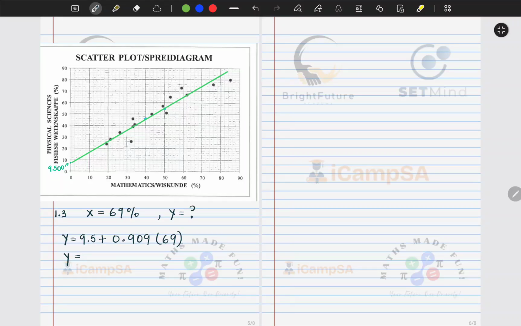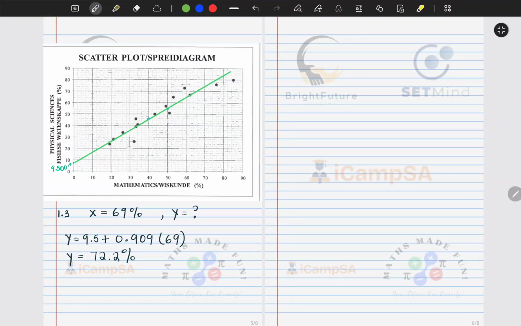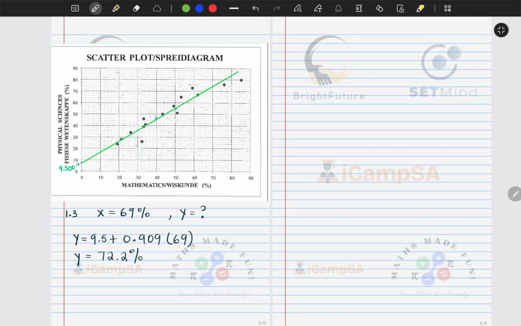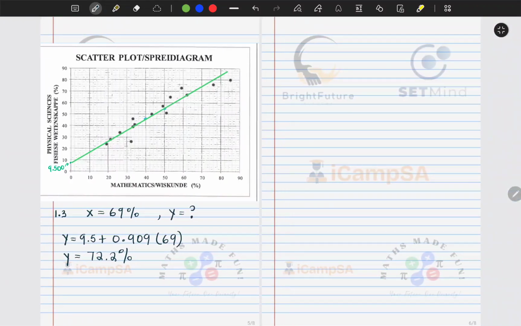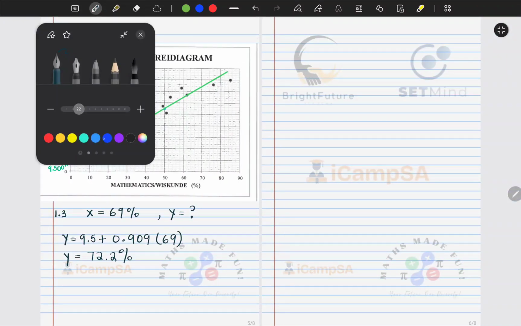So what we have is 9.5 plus 0.909 times 69. And what we end up getting is 72.2%. So a learner who's getting 69% in mathematics, according to this regression line, they are more likely to get 72% in physical sciences. Okay, so that becomes then our answer.